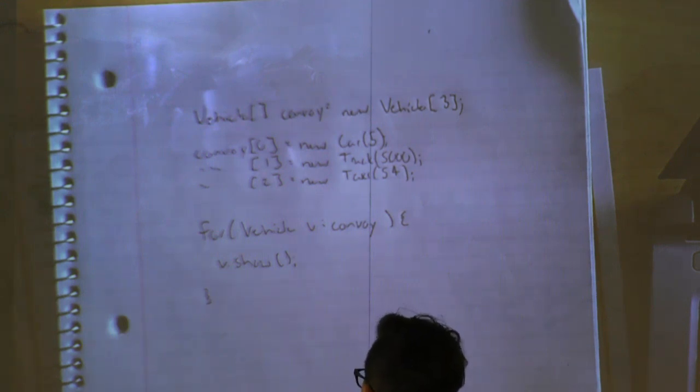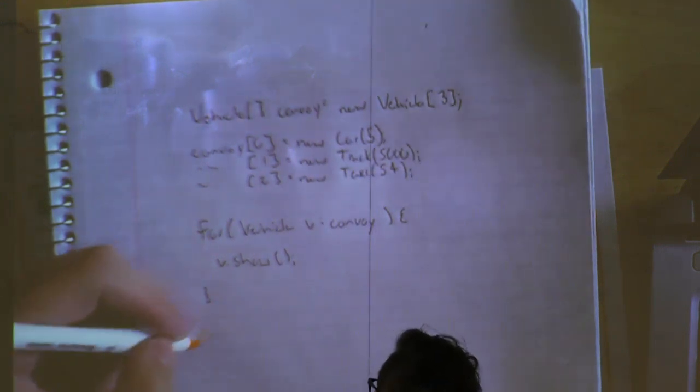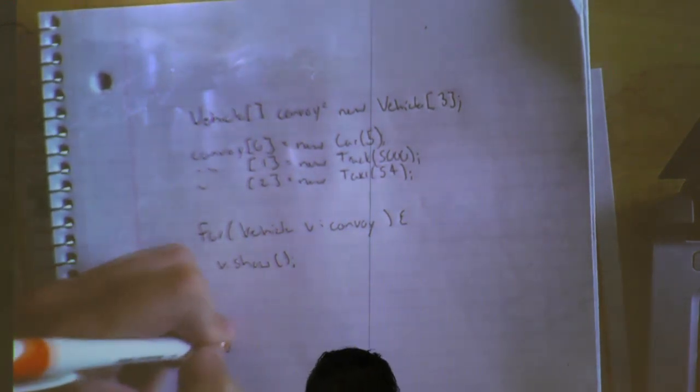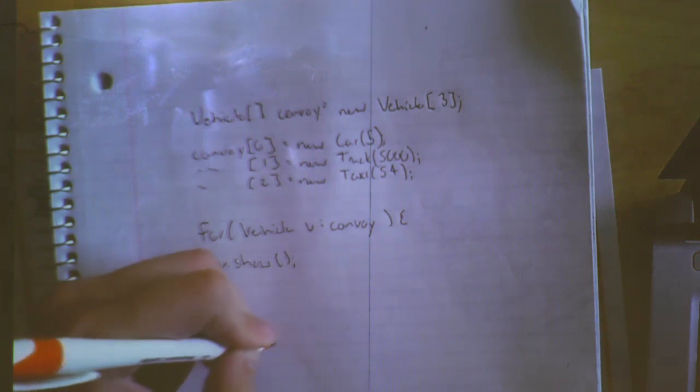So I mentioned earlier this override thing where you write the @ symbol and then you write the word override. This is something that's not actually necessary in your code. It's a message for the compiler, but your program will work without it.